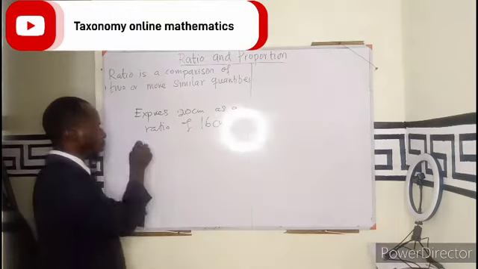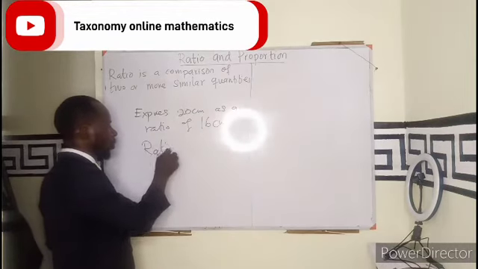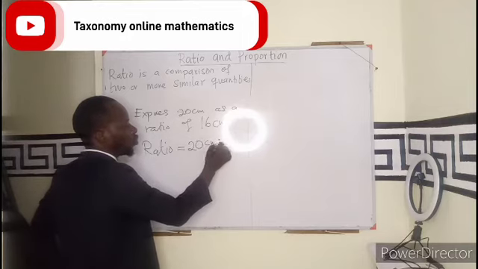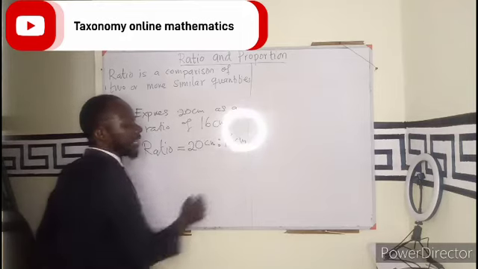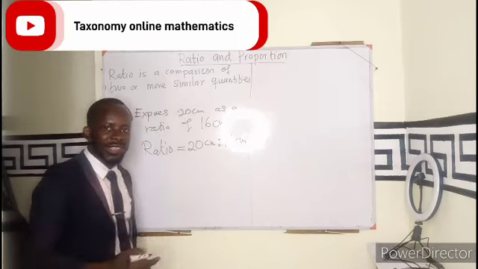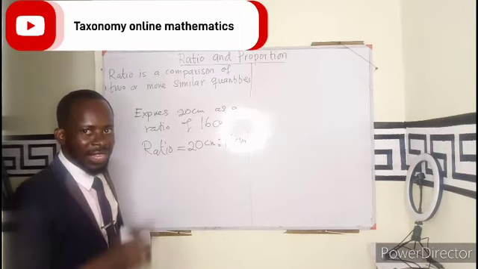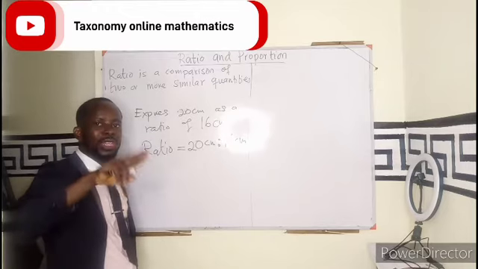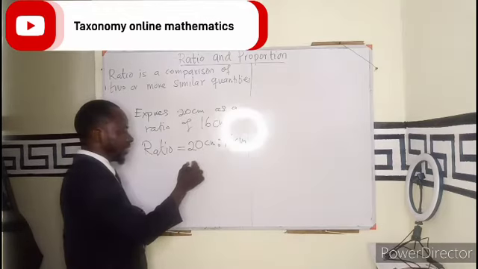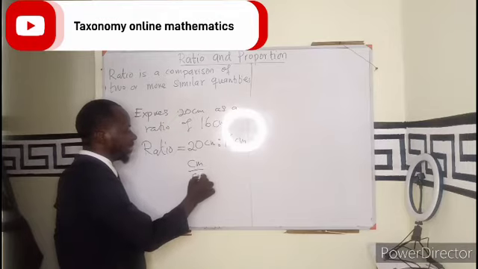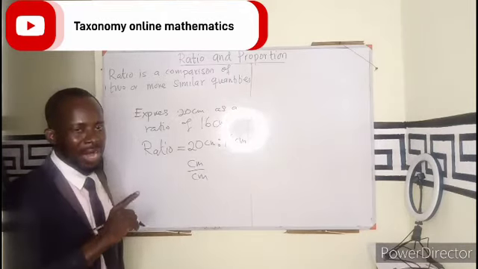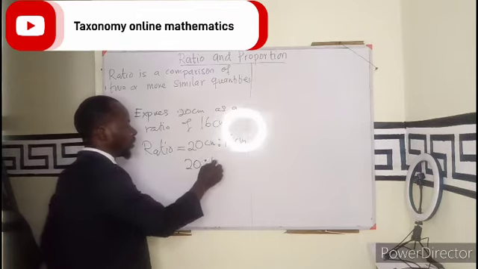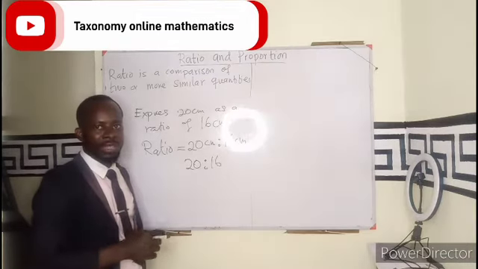So the ratio is going to be 20 centimeter is to 16 centimeter. Since it is a fraction, it means our unit will cancel. What I mean is that centimeter over centimeter becomes 1. They cancel out. So I will be having 20 is to 16. The unit will be taken care of.